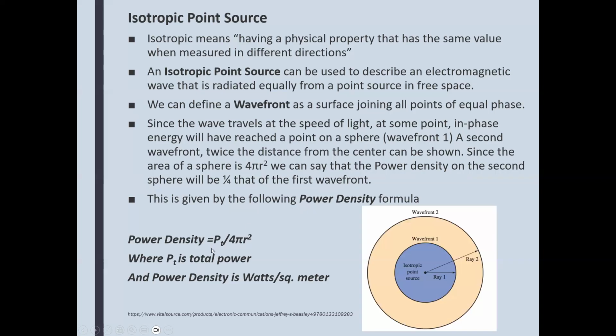And this is the formula that we're going to use. This is a light class today, light lecture. Power density, which we label as P with the little designation of T, divided by the area of the sphere.